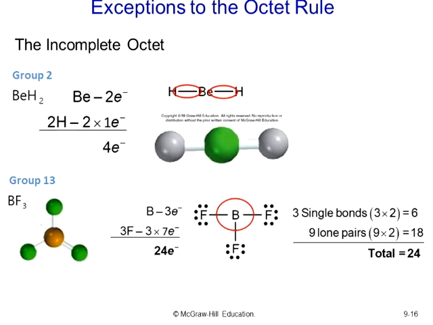Group 13. We show you here BF3. We count the valence electrons associated with boron and with fluorine, and we discover that we must have a total of 24 electrons for this compound. We note that fluorine is perfectly happy with its 8 electrons around it.